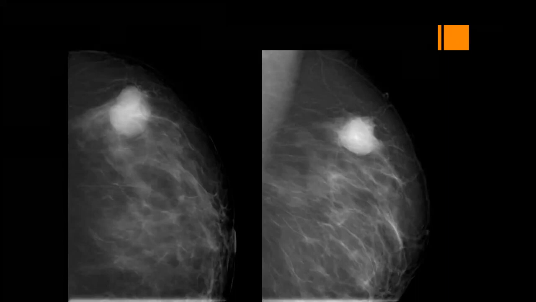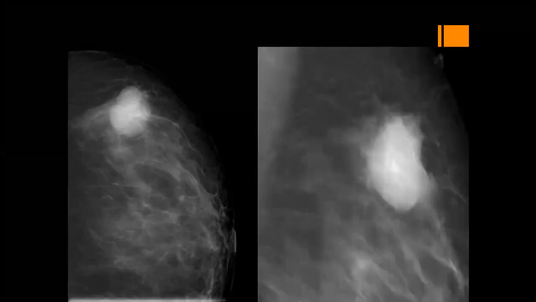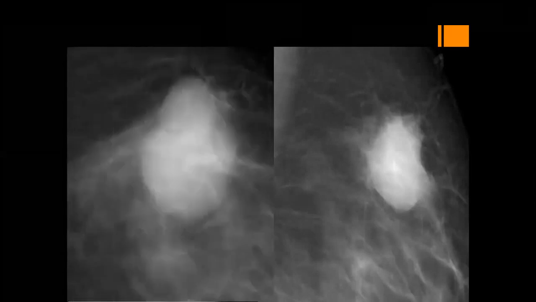One issue: you did not ask for further workup. You have to go further, to do ultrasound, yes, further workup. No ultrasound, but you have to do compression, spot compression view. Demonstrate.